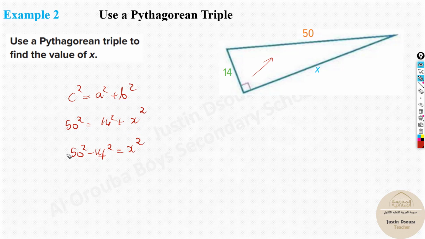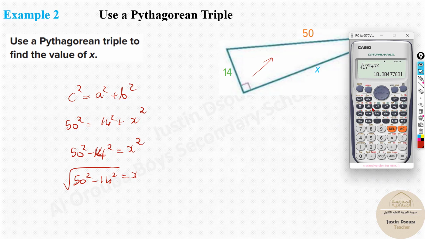You can take square root on both the sides. It will become square root of 50 squared minus 14 squared, that is equal to x. Now this is a Pythagorean triple, so the answer must be 48. Let's quickly put it in the calculator. 50 squared minus 14 squared, and the answer is 48.